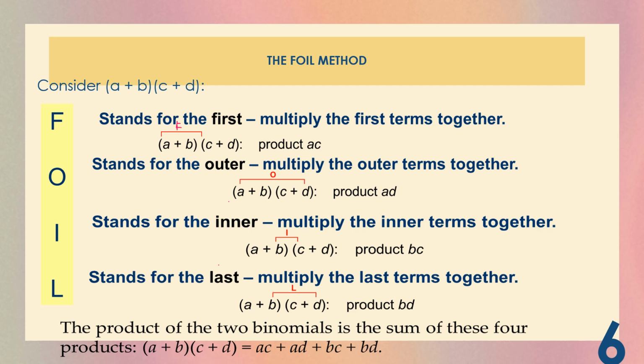I stands for inner: multiply the inner terms together, so the product is BC. L stands for last: multiply the last terms together, B and D, so the product is BD. The product of two binomials is the sum of their four products. So A plus B times C plus D is equal to AC plus AD plus BC plus BD.